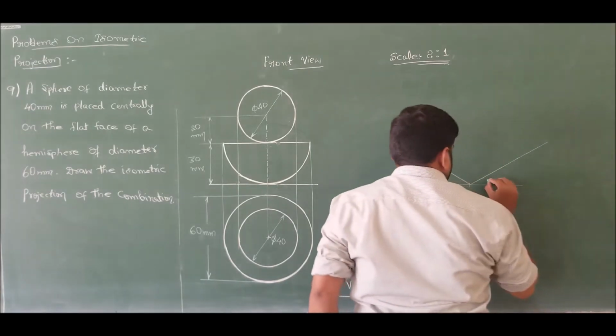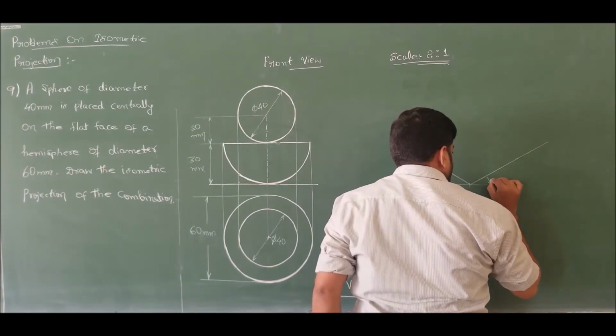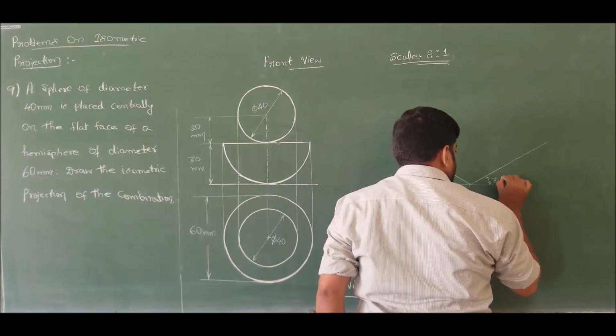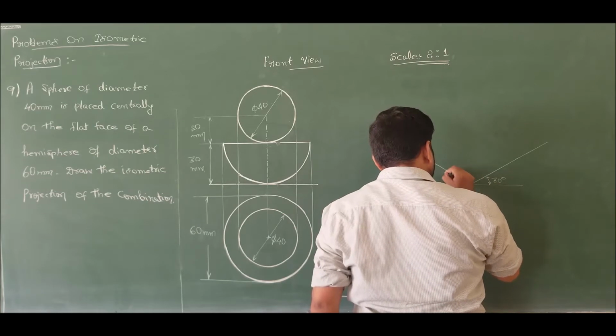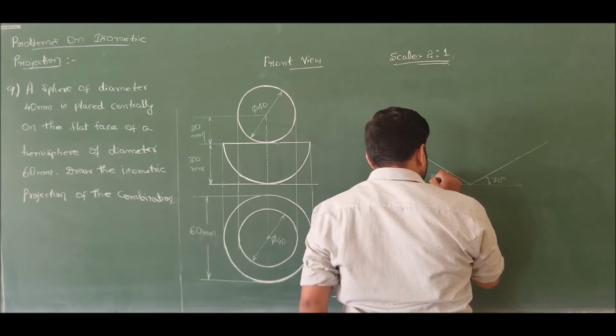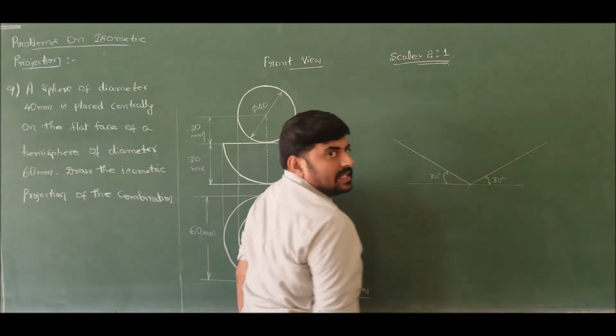So choosing 6 boxes on either side, square.